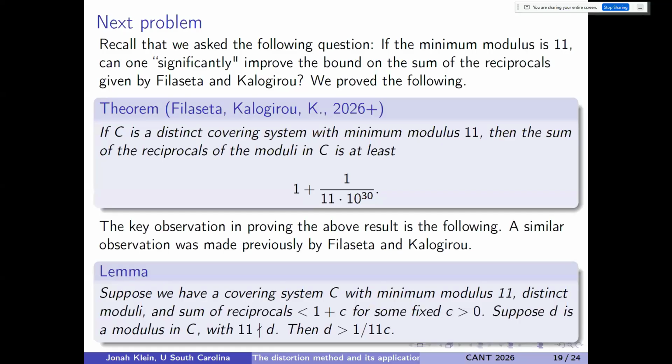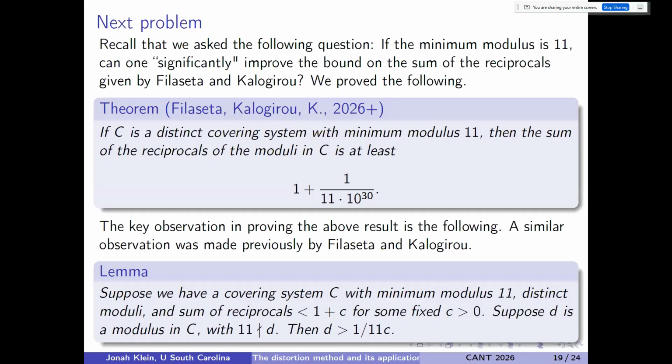And so the key observation proving that result is the following. I just want to note that a similar observation was made in that initial paper of Filaseta and others. This is not new. So suppose that we have a covering system C that has minimum modulus 11, distinct moduli, and sum of reciprocals bounded by 1 plus c for some fixed c greater than 0.